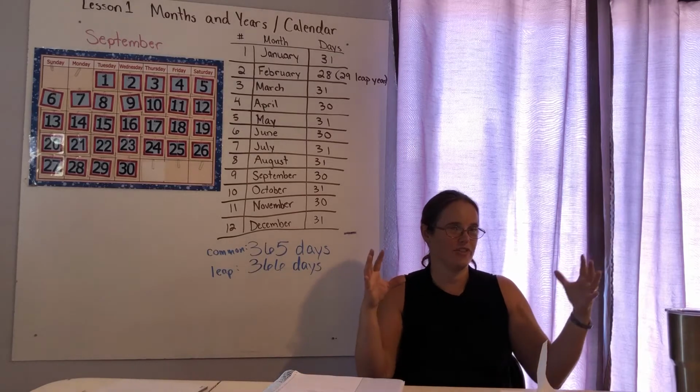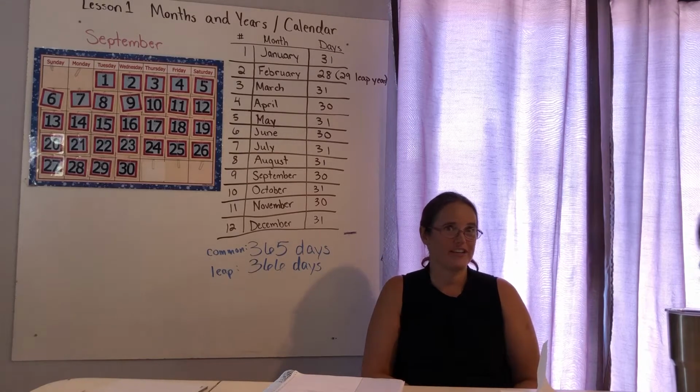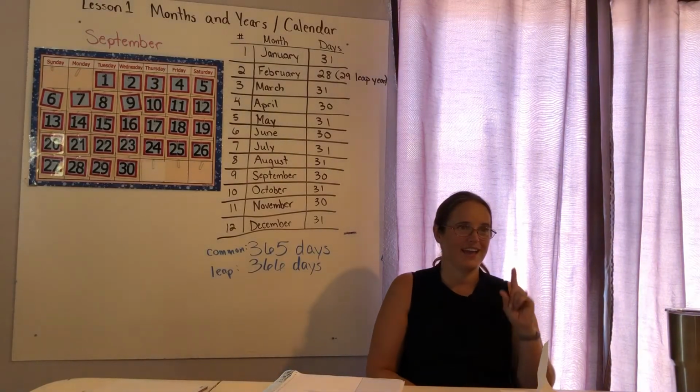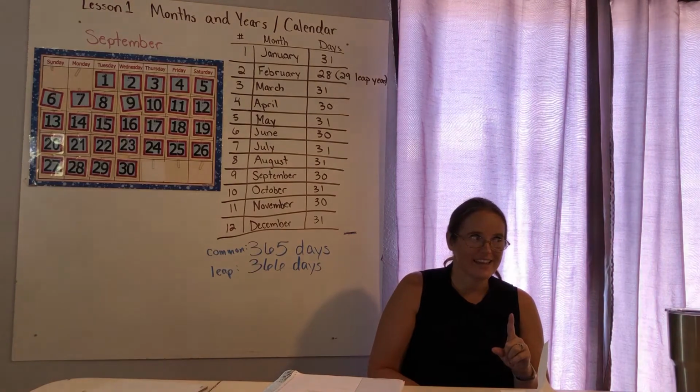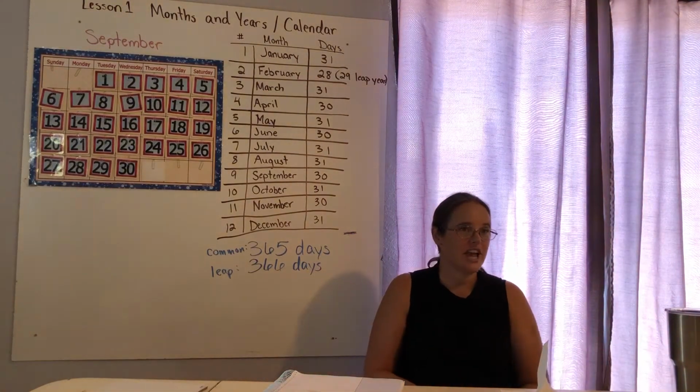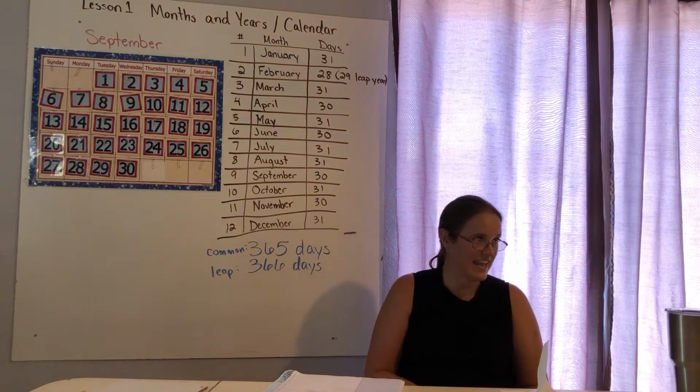Okay, so let's do the whole thing up to that point. 30 days hath September, April, June, and November. All the rest have 31, except February, which has 28 days and 29 each leap year.